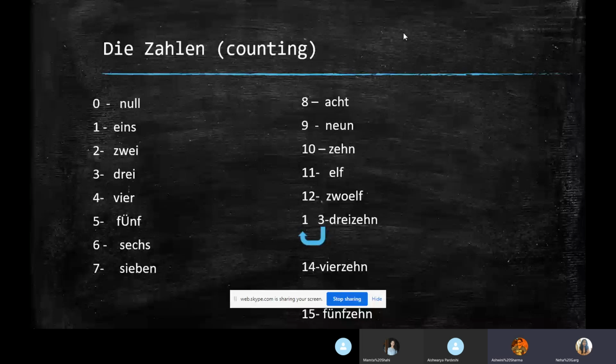But we would not be using 1 first. We would be reading it from right to left, not left to right: 3 and then 10. Dreizehn. Is it clear with everyone?